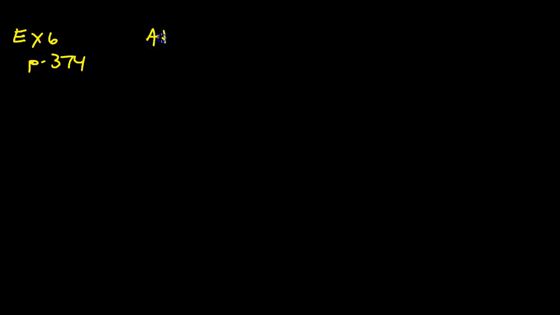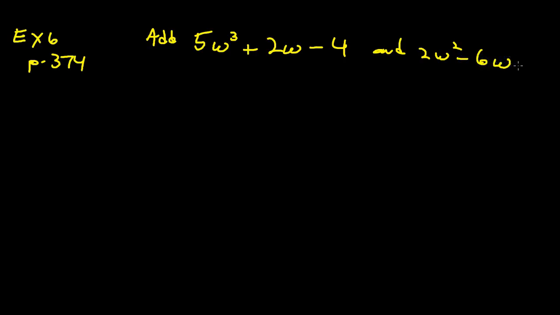Add, let's see, 5w cubed plus 2w minus 4. That's a trinomial of degree 3. And 2w squared minus 6w minus 3. Let me write that down. 2w squared minus 6w minus 3.